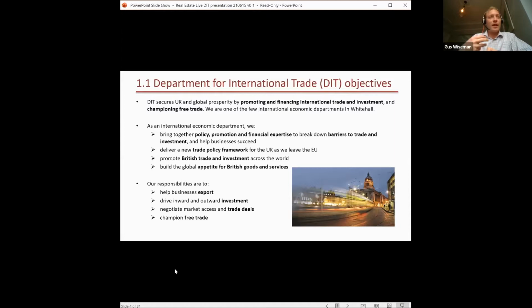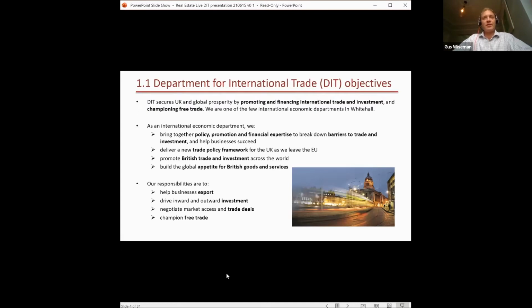We brought together our export finance arm, and then we brought together the UK's quite small capability on trade policy. And from that small capability, that team of about 20 to 30 people who worked with Brussels on trade policy, we've grown the department into a very large organisation of over 3,000 people in 100 countries around the world, and we've created a new competence and capability on trade policy that we haven't had for many years in this country.